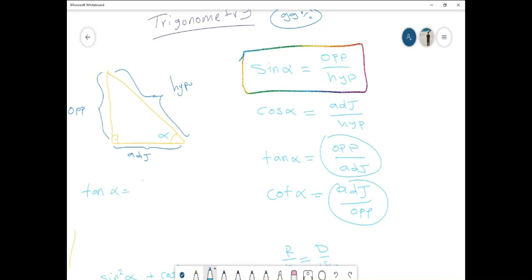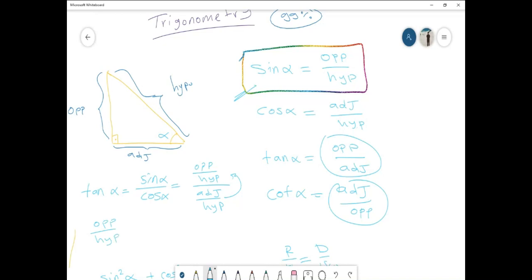Here we wrote in terms of sides, adjacent over opposite, or opposite over adjacent, right? We don't have sine cosine. Let me write it here. Tangent alpha was sine of alpha divided by cosine of alpha. What is sine of alpha? Opposite over hypotenuse, right? And what is cosine of alpha? Adjacent over hypotenuse.